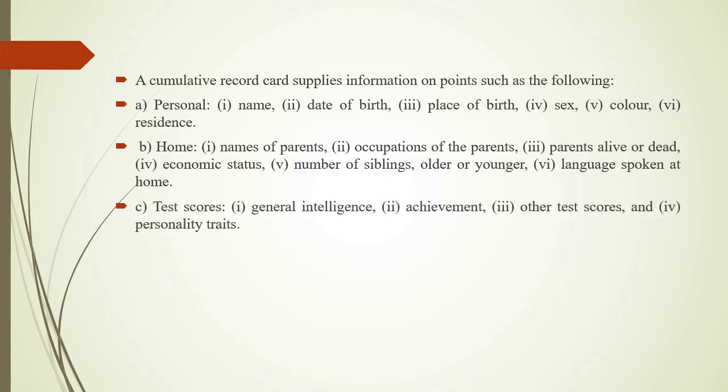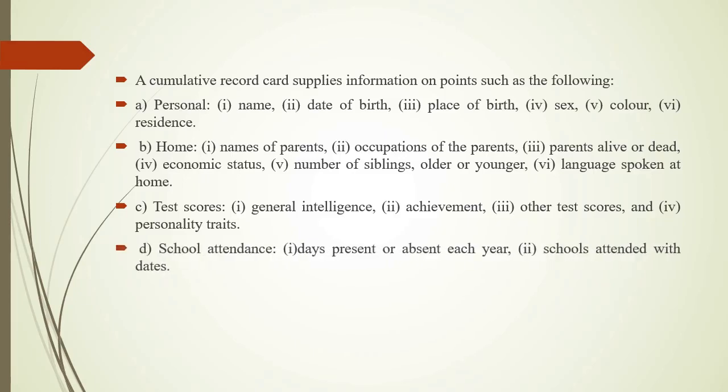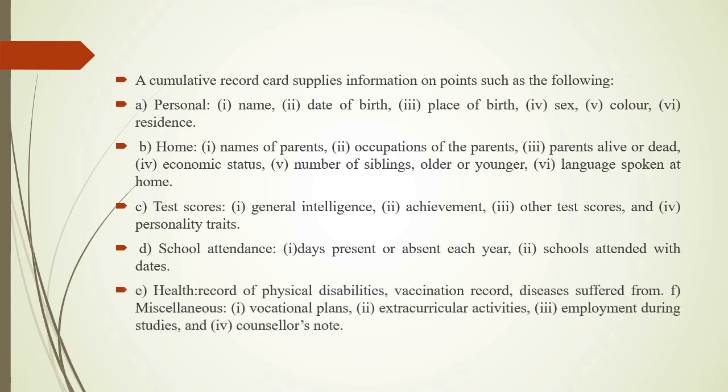Test scores: general intelligence, achievement, other test scores, and personality traits. School attendance, days present or absent each year, schools attended with dates. Health record of physical disabilities, vaccination record, diseases suffered from, miscellaneous occasional plans, extracurricular activities, employment during studies, and counselor's note.